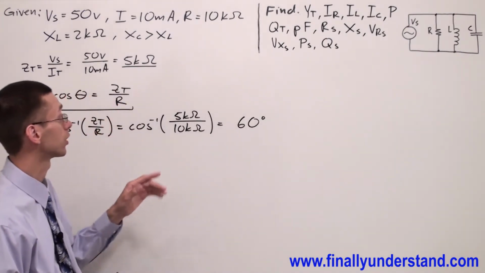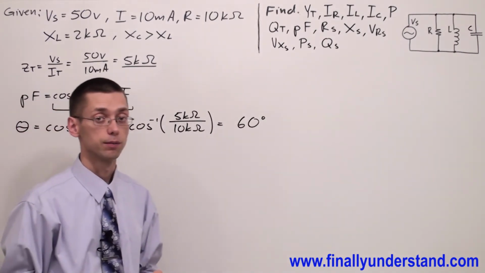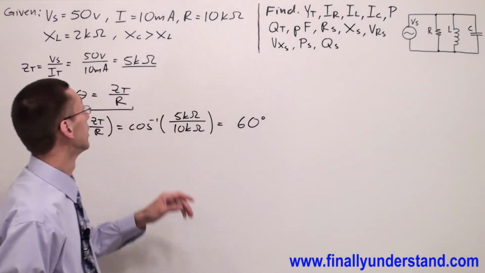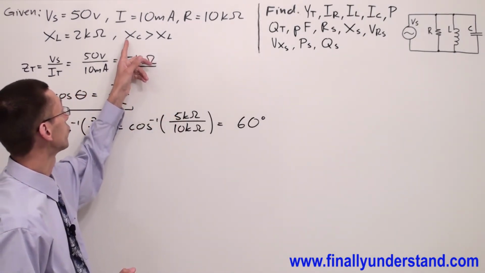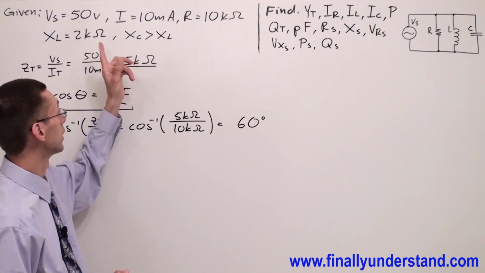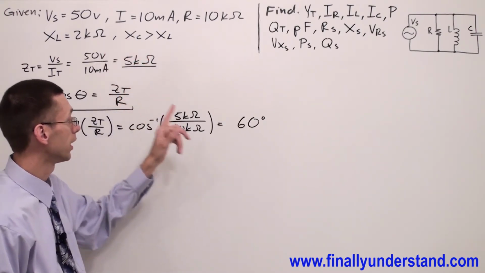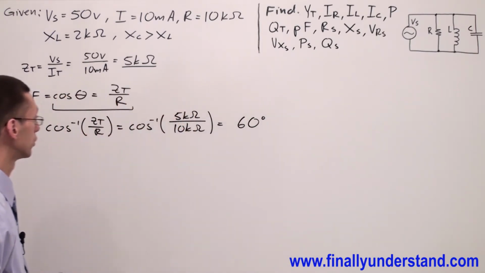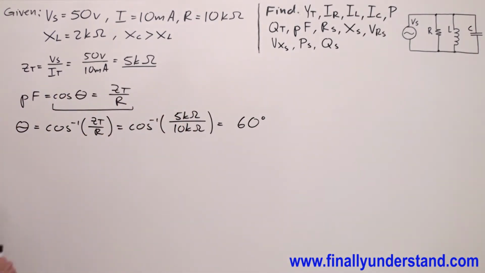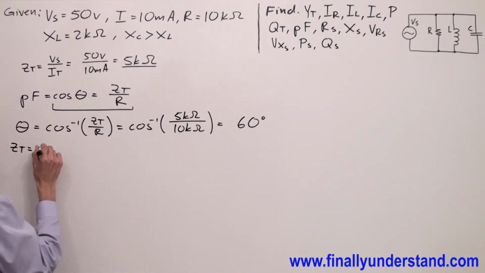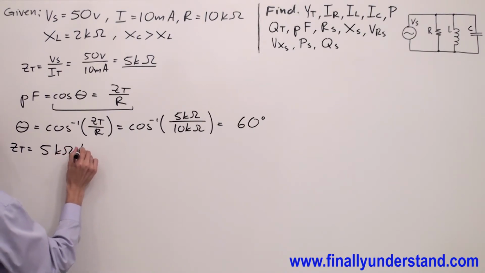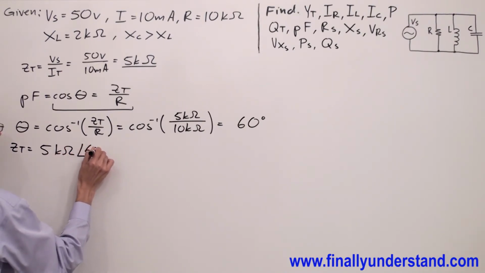Anytime we are going to talk about the parallel RLC circuit, right? And X of C is going to have greater value than X of L, so angle is going to be always positive. Later on I'm going to explain why. So I have Z total equals 5 kiloohms and angle of 60 degrees.